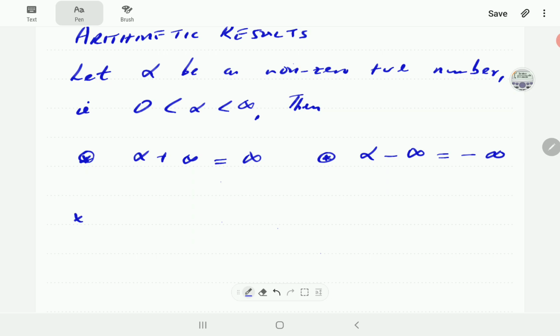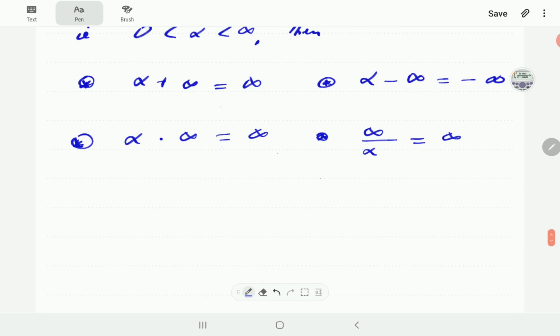So in these two results, alpha is behaving a bit like 0 because it's being dominated by infinity. You know that 0 plus any number is just going to be that number. Then if we multiply alpha by infinity again, we're just going to get infinity. Remember we said alpha is positive. And then also infinity divided by alpha, we're still going to remain with infinity.